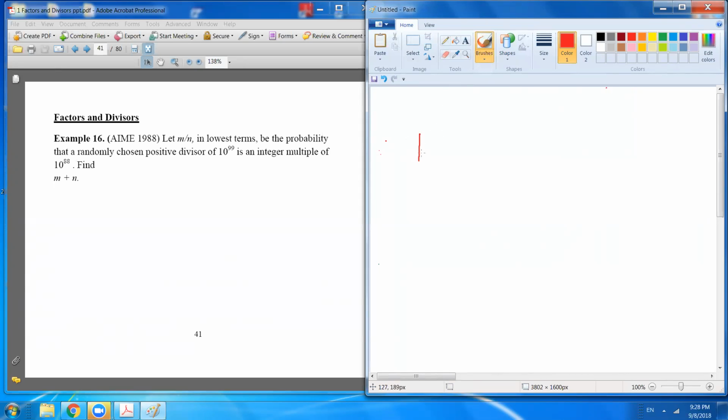We do 10^99. We want to find the randomly selected factor of this, is a multiple of 10^88, okay? And we do prime factorization. What do we get? We get 2^99 times 5^99. How many factors do we get?